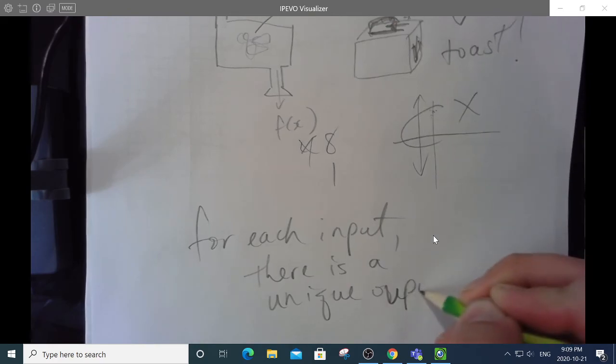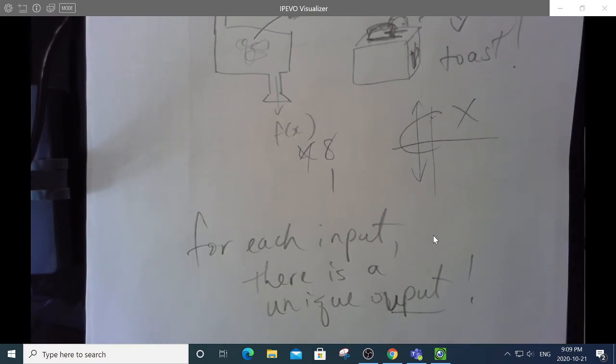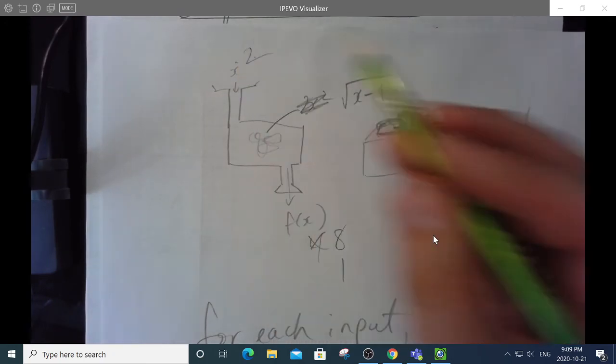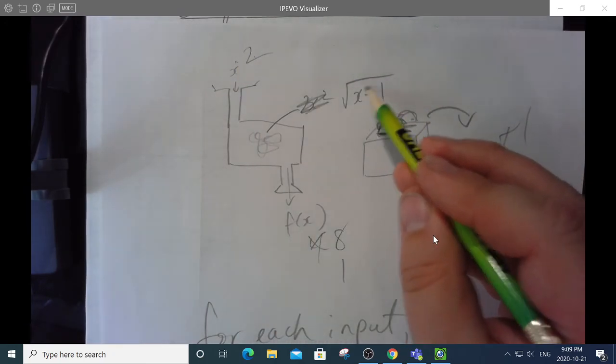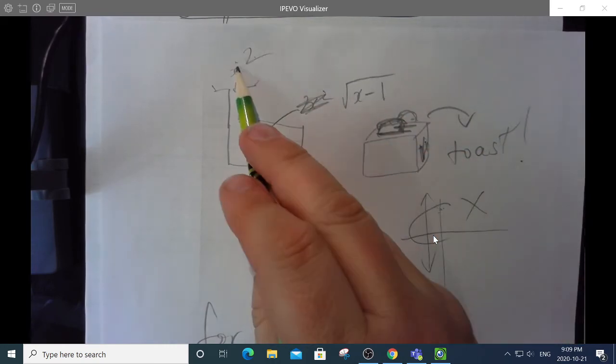What I mean by that is, if I put 2 in and my rule is the square root of x minus 1, I have to get 1. I can't get anything other than 1 when I put in 2.